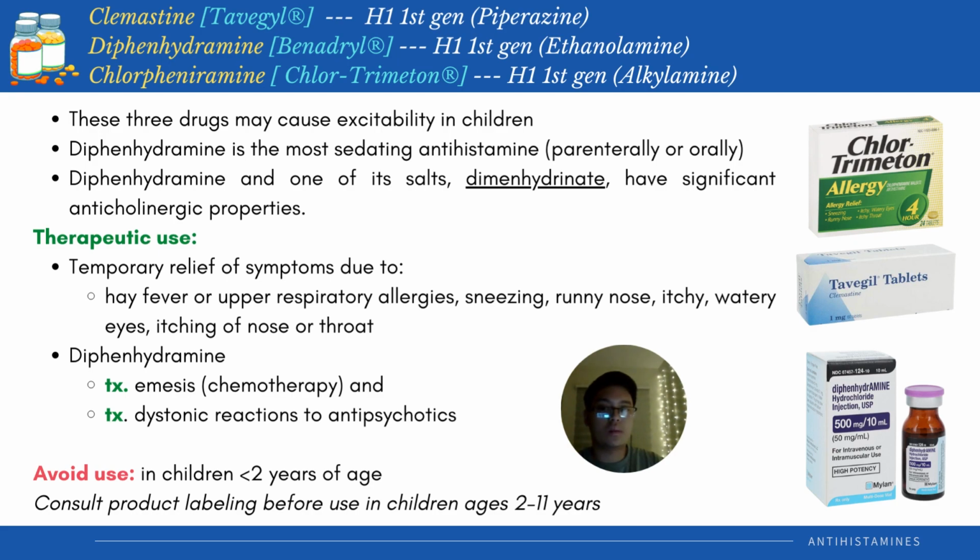One of diphenhydramine salts, dimenhydrinate, also has significant anticholinergic properties. Diphenhydramine is given parenterally for acute dystonic reactions to antipsychotics, and diphenhydramine is commonly used in conjunction with other antiemetics for the treatment of emesis due to chemotherapy.